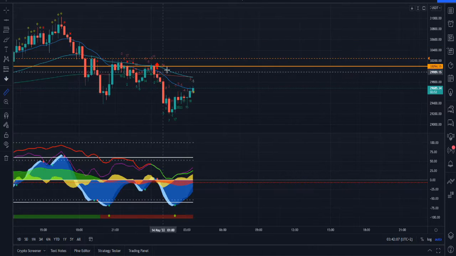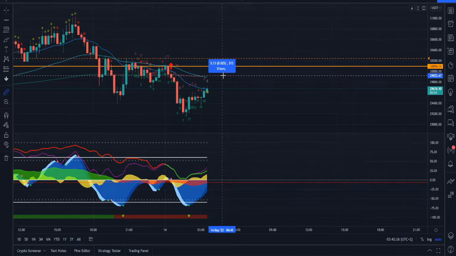So we can mark this point as a support or resistance. It flips: when we are under, it's resistance. If we are above, it's support. So now it's resistance.